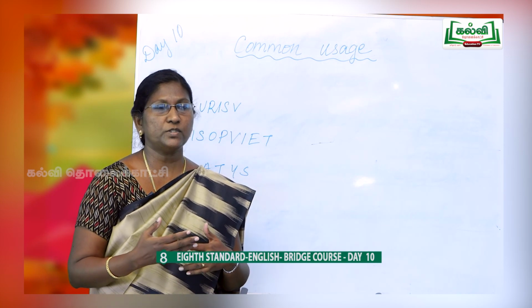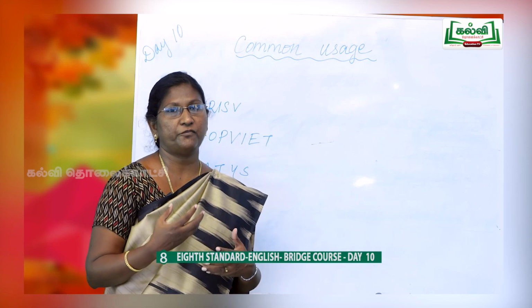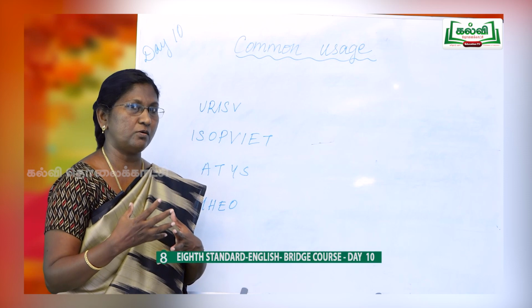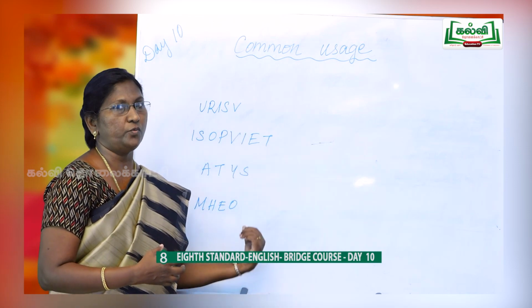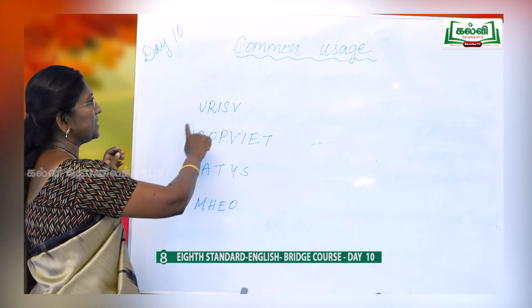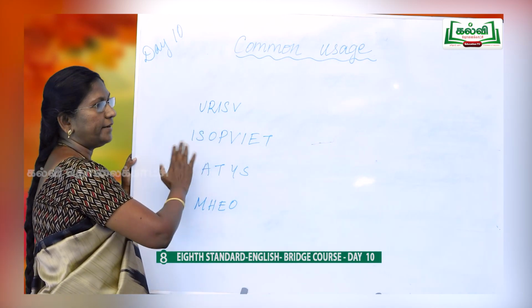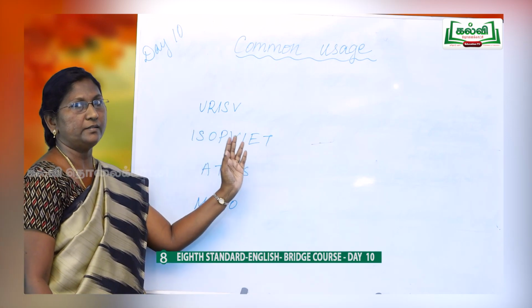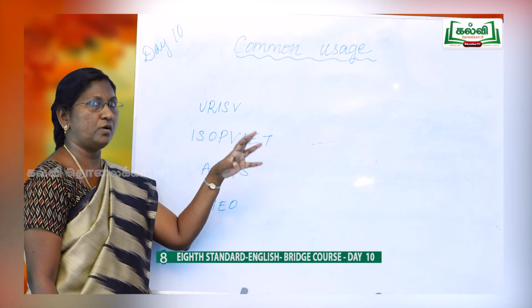All these words are used frequently. Sanitizer, face mask, all these words we use. Related to corona, we have 4 words here. The letters are jumbled. If you arrange the letters, you can form a word that is related to this coronavirus.